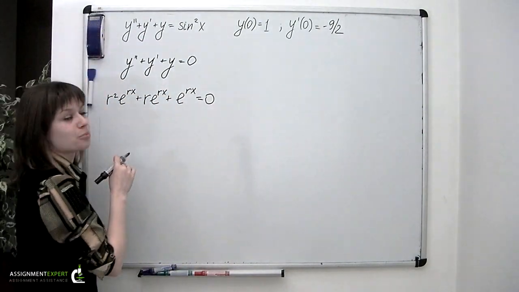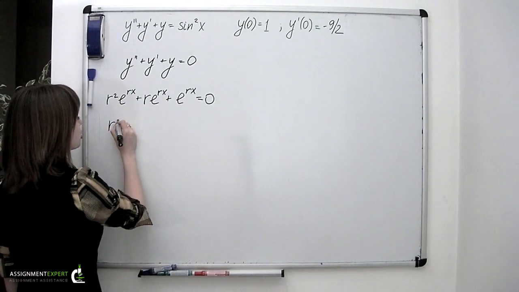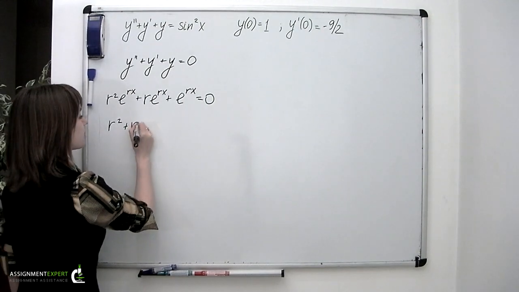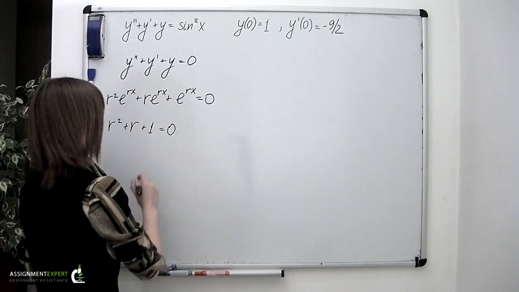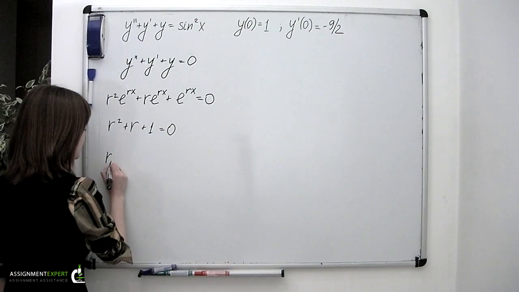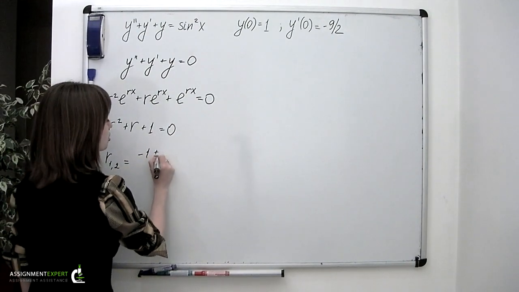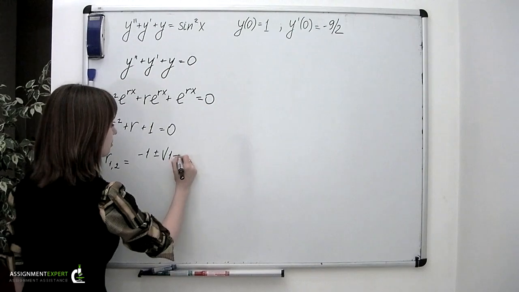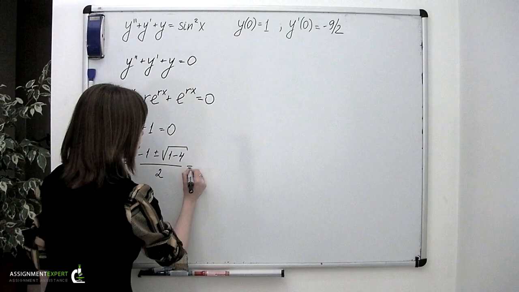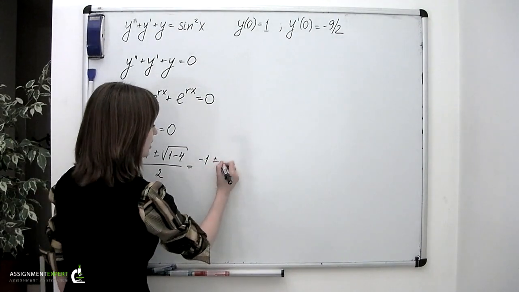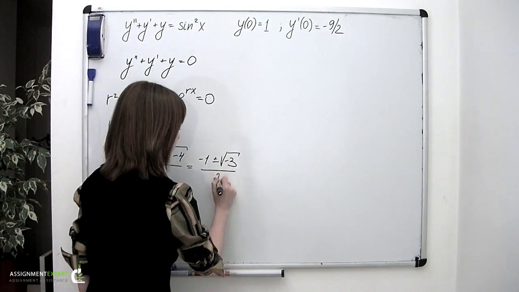We can divide the whole equation by e to the power of rx and obtain a simple quadratic equation: r squared plus r plus 1 equals 0. And the roots of this equation are found as -1 plus or minus square root of 1 minus 4 divided by 2, which equals -1 plus or minus square root of -3 over 2.